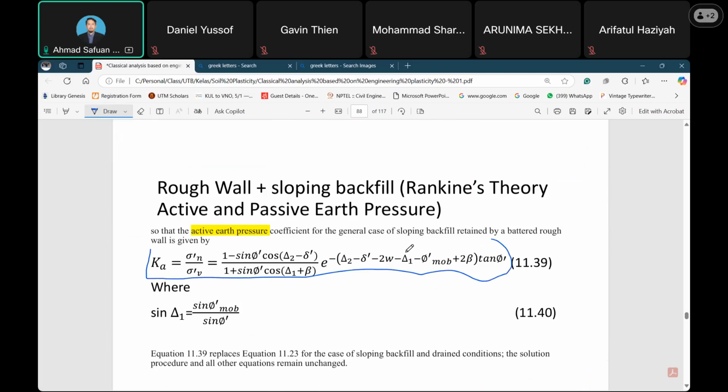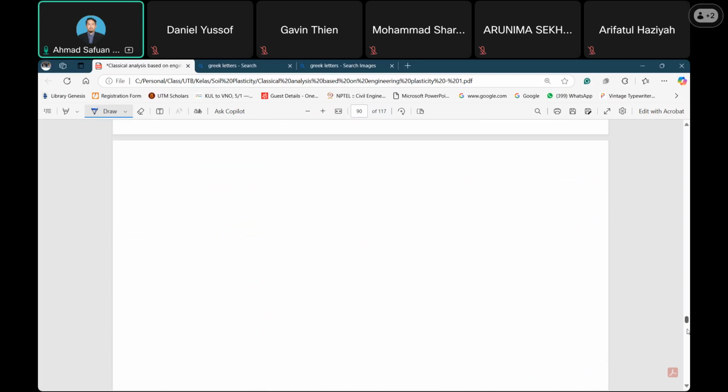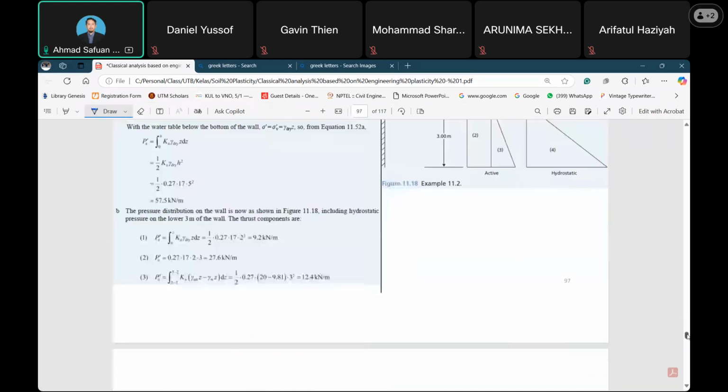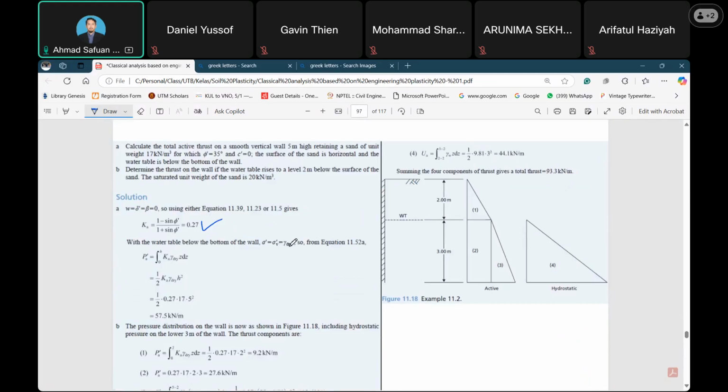I guess you will also get almost the same result as the simple one. You can use 11.39, the complicated equation, 11.23, which has no slope, and 11.5, where the wall is smooth, no batter angle, and no slope. So Ka is equal to 0.27.